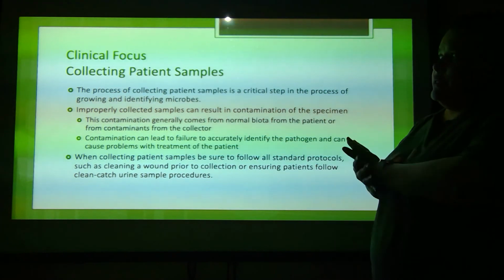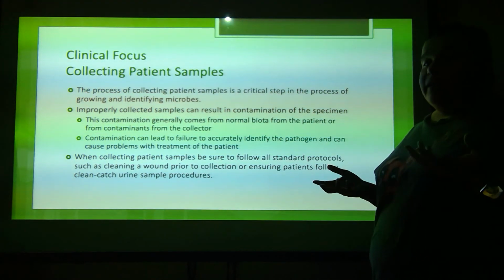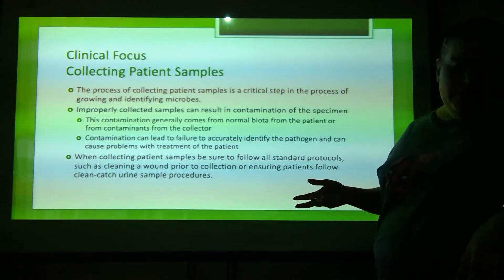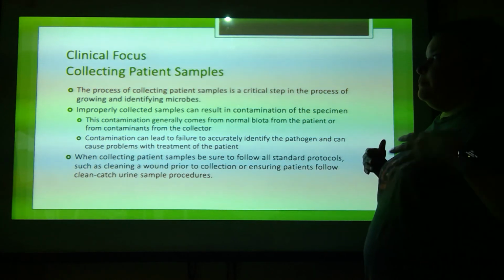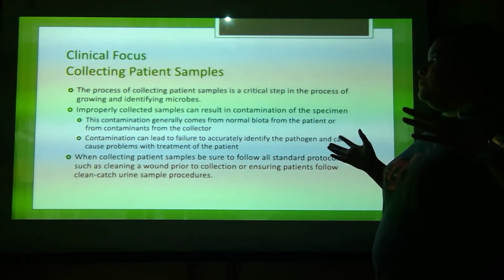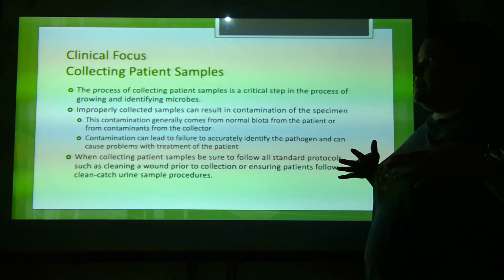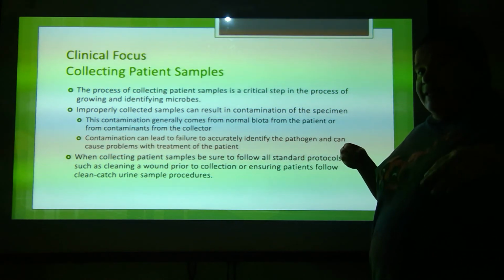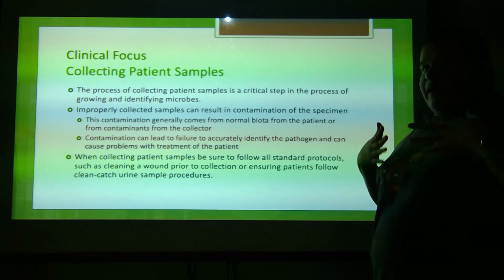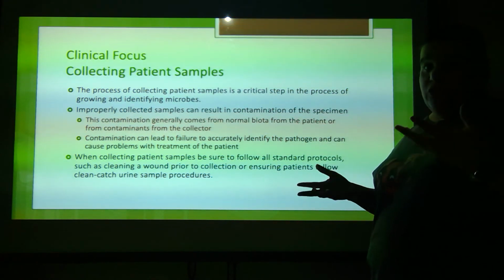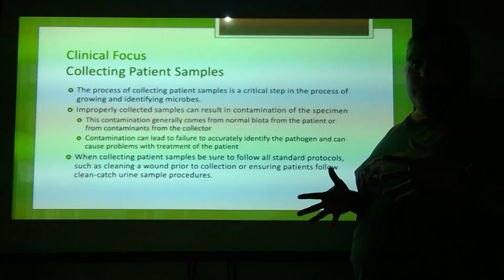So, clinical focus. When it comes to collecting patient samples, it's critical. A critical step in that process is being able to isolate, grow, and identify the specimen. Basically, you're looking to figure out what this person has.